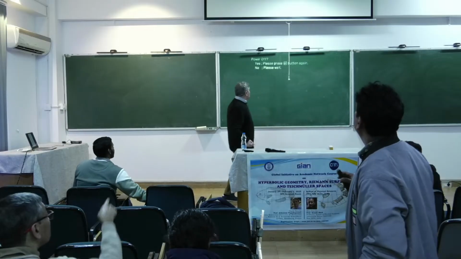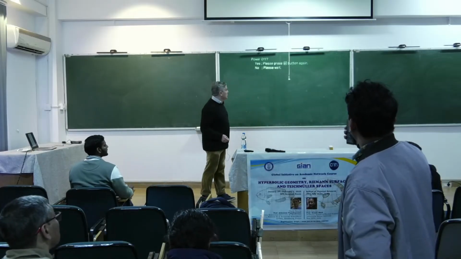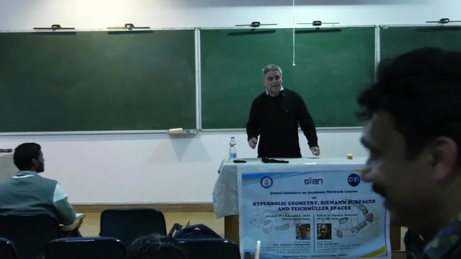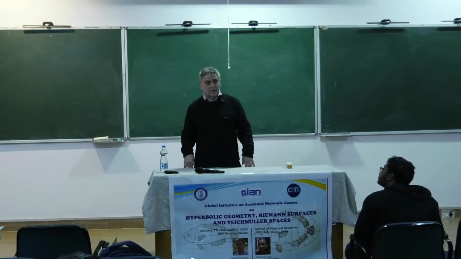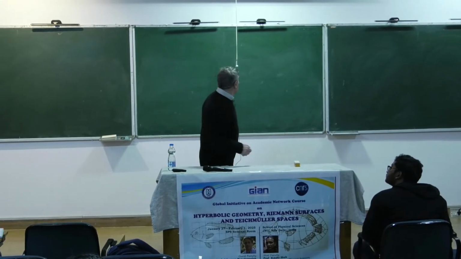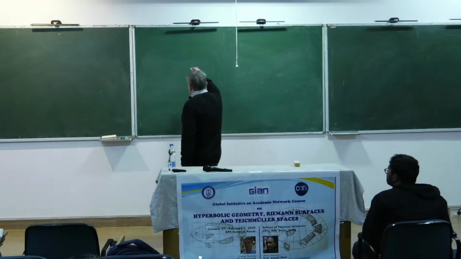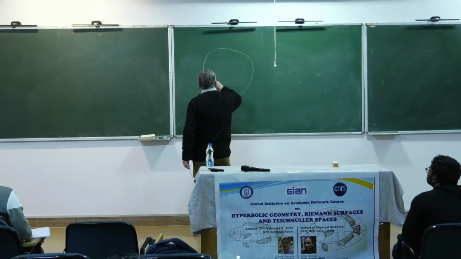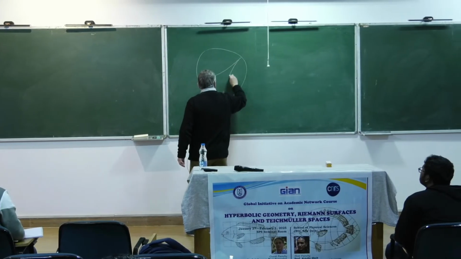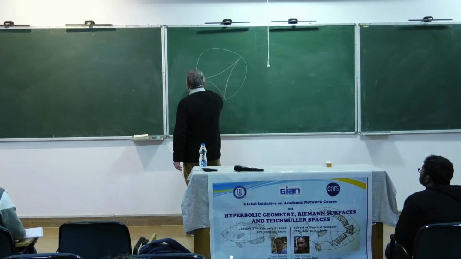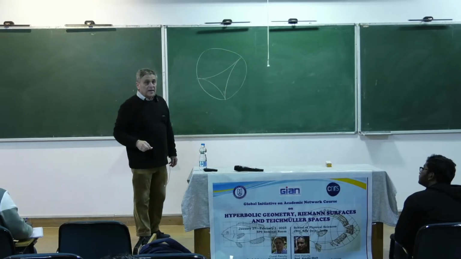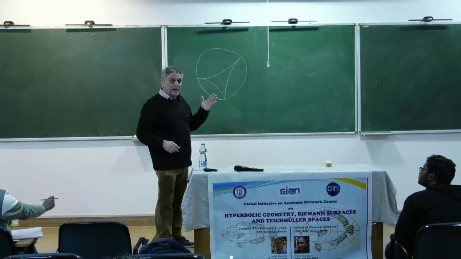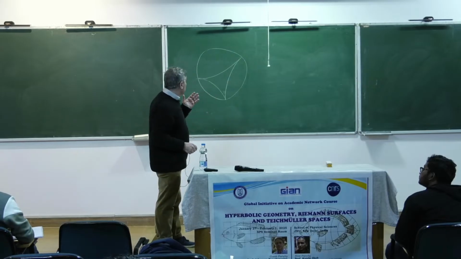Thank you. So I would like to explain something, to add some information about last time's talk. So you remember, we talked about ideal triangles, and we said that there's essentially one ideal triangle in the hyperbolic space.